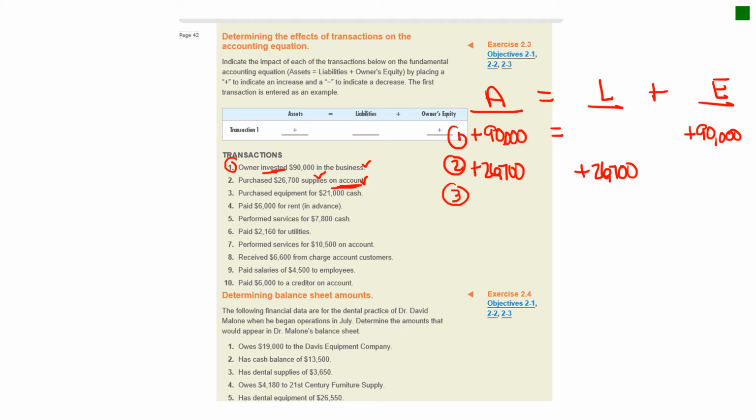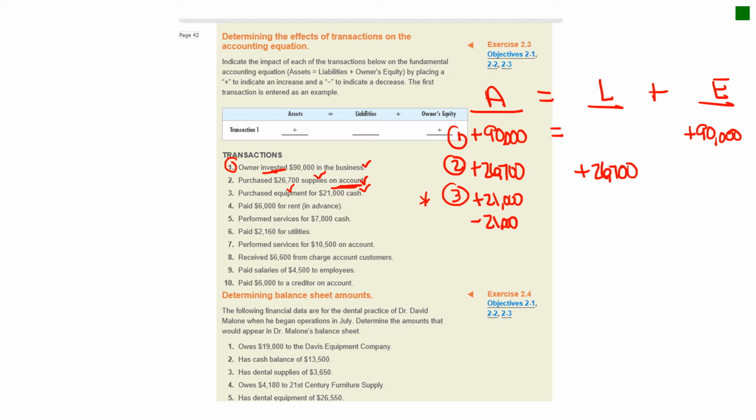Then I get to the third one. It says you purchased equipment for $21,000 cash. So in this particular problem, we have two things going on. You bought some equipment, which is an asset, and you paid cash, which is an asset. So number 3 is basically increase asset and decrease asset. So you'd say plus 21,000 and minus 21,000.